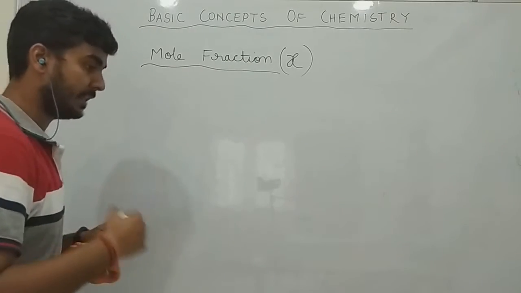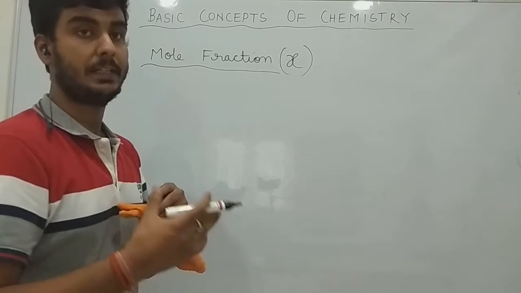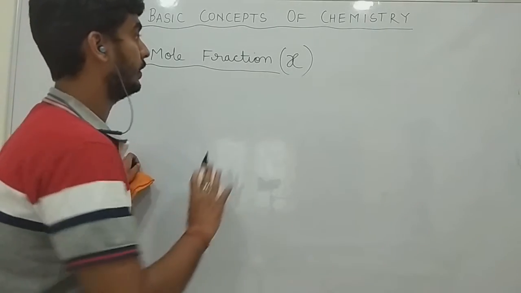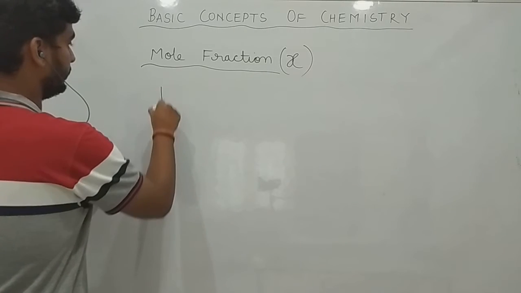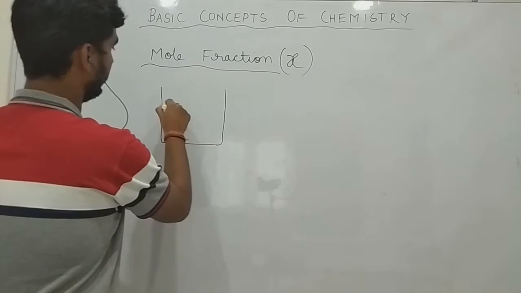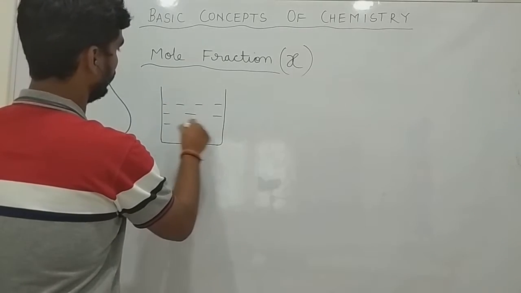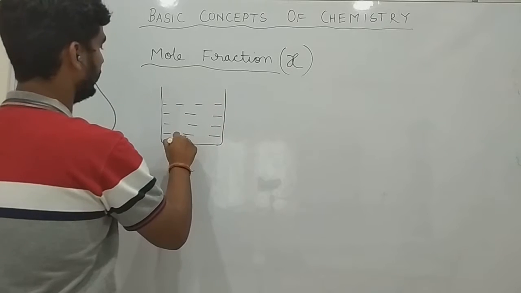Now there is a formula for mole fraction, but to understand that formula, let me take an example. Suppose I have prepared one solution in which there are two components, A and B. Means I have prepared a solution in which there are how many components?